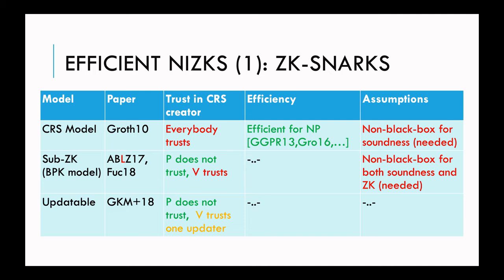Let's say it can be the case that one of the updaters is the verifier itself. In this case, you get efficiency for the whole NP, but it is not as efficient as the previous versions. So there is a noticeable penalty in the efficiency. And assumption-wise, obviously, you need non-black box assumptions for both soundness and zero-knowledge.